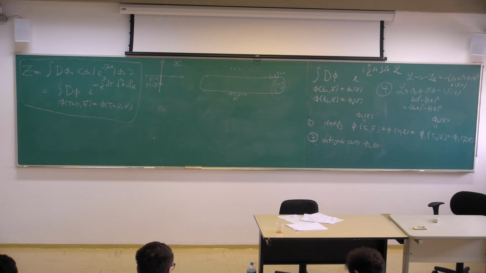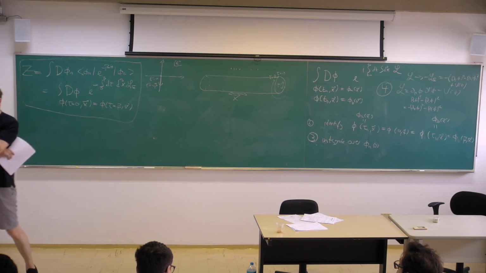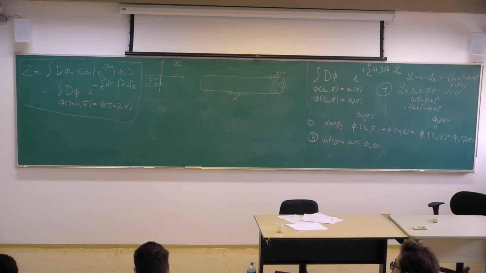Sorry, I'm not sure I understand. I'm taking the trace, right? So I have to integrate over all field configurations. Exactly, so field configurations should live in some Hilbert space on some Cauchy hypersurface, not on the entire space-time.